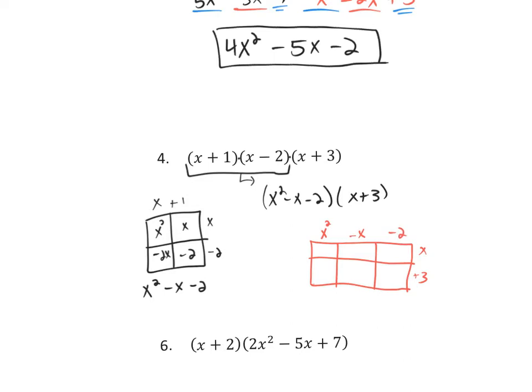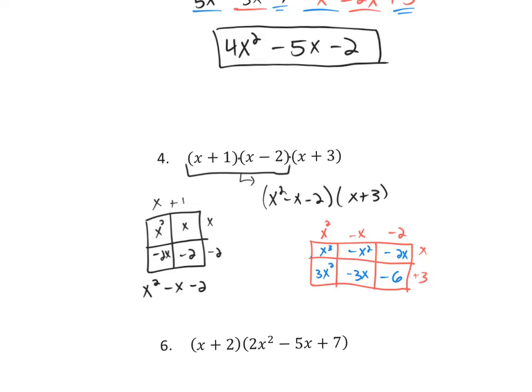So I've got x to the power of 3, I've got negative x squared, negative 2x, I've got 3x squared, got negative 3x, because a negative times a positive is a negative, and then negative 2 times positive 3 is negative 6.